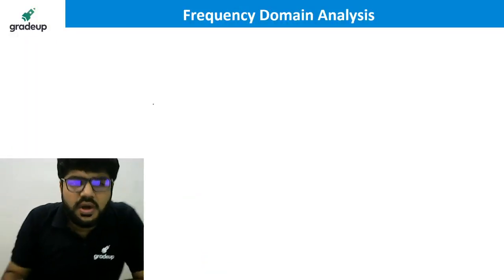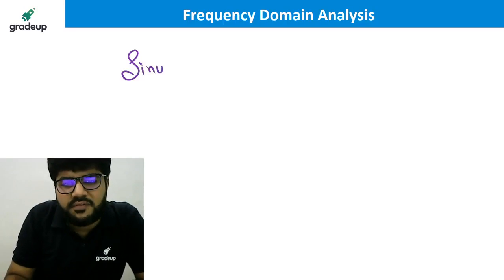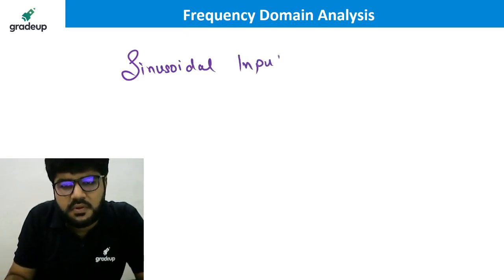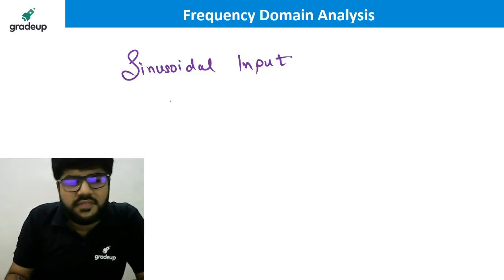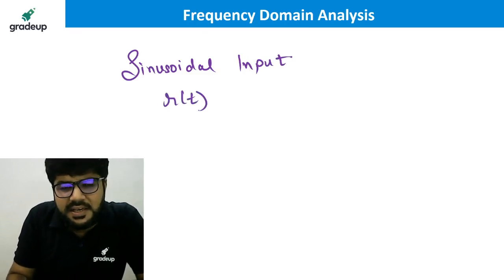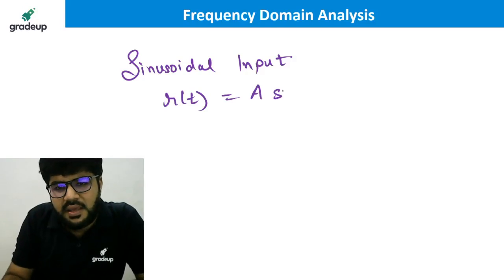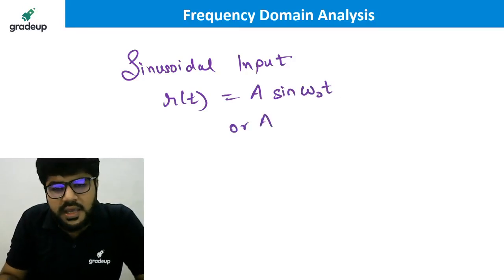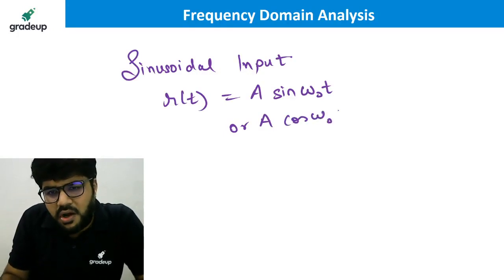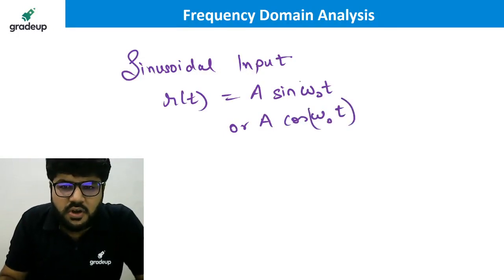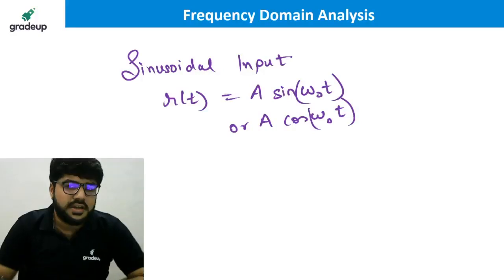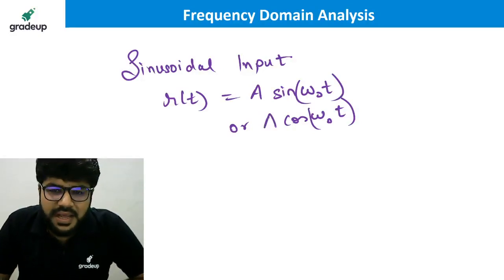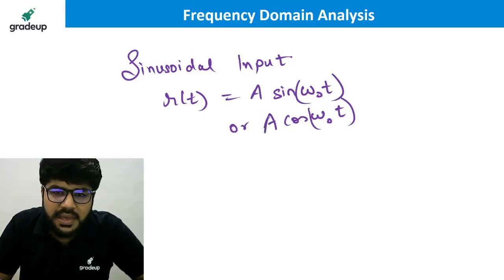So, a sinusoidal input of the form r(t) is equal to A sin omega naught t or A cos omega naught t. Sin or cos are both categorized as a sinusoidal signal having amplitude A and frequency omega naught.